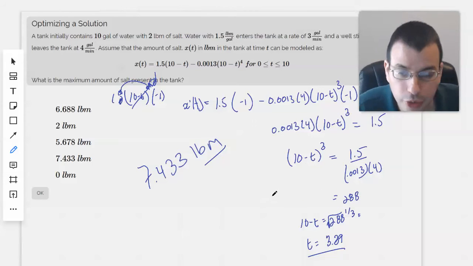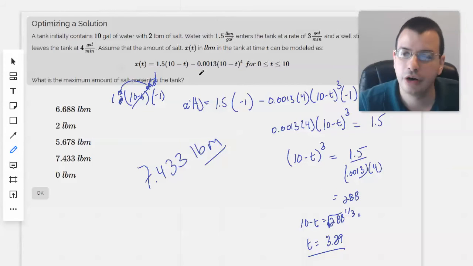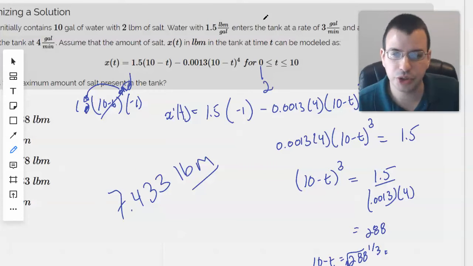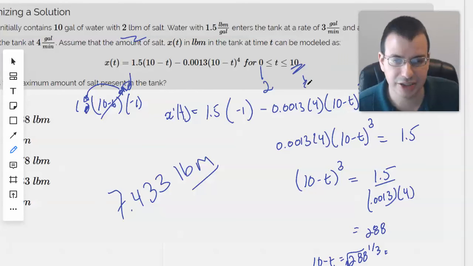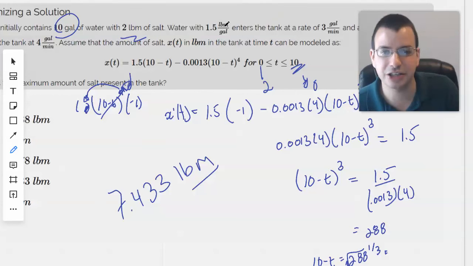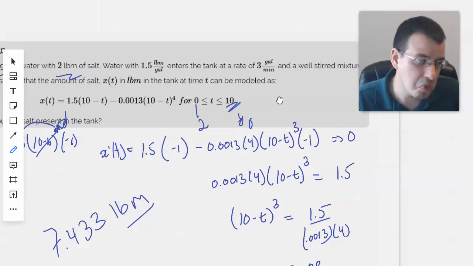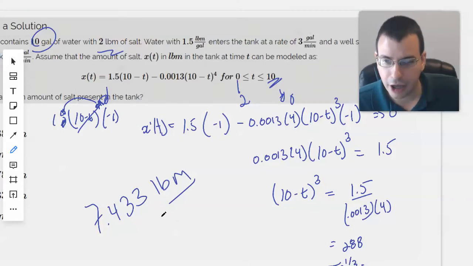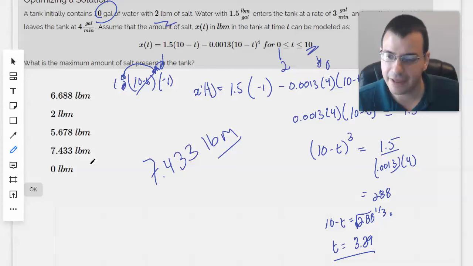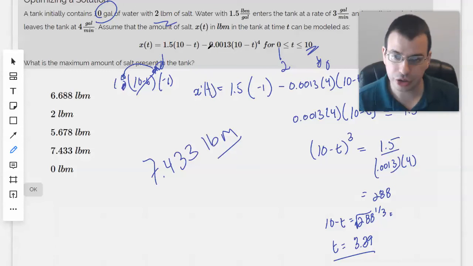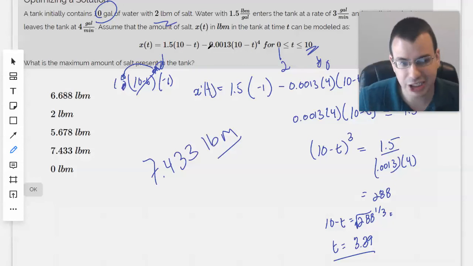So what we just discovered was at time t equals 0, we had 2, which they told us is also conveniently true. At 10, we had 0. It's a 10-gallon tank losing a gallon per minute. Therefore, after 10 minutes, it's 0, which is fine. Then we took the derivative, set it equal to 0, solved, and found that a minimum or maximum happened at 3.39.